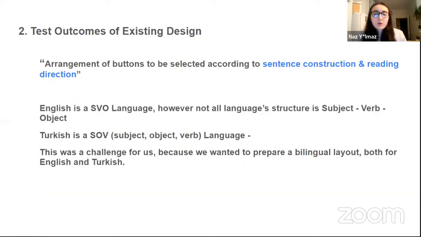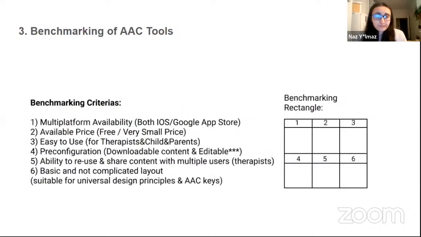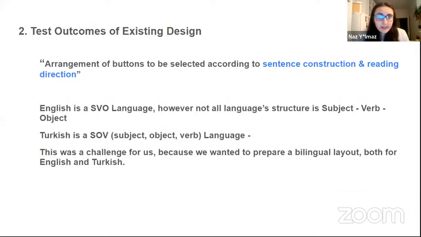English is an SVO language. However, not all language structures are subject, verb, object. Turkish is our other case, a subject, object, verb language. So this was a challenge for us because we wanted to prepare a bilingual layout for both English and Turkish. And I will come to this part again in the challenge part.